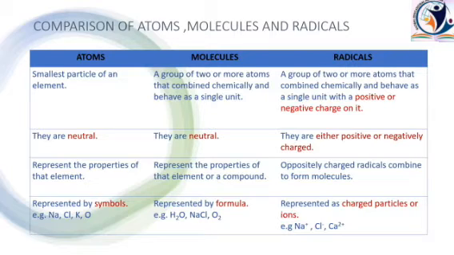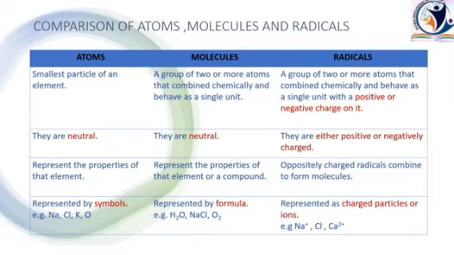So far you have studied about atoms, molecules and radicals. Now let us see their comparison. The first one, atom. Atom is the smallest particle of an element. Molecule is a group of two or more atoms that combine chemically and behave as a single unit.